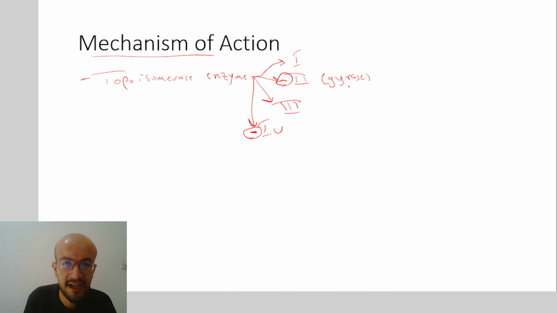The gyrase enzyme type 2 is related to bacterial DNA relaxation during transcription and translation.